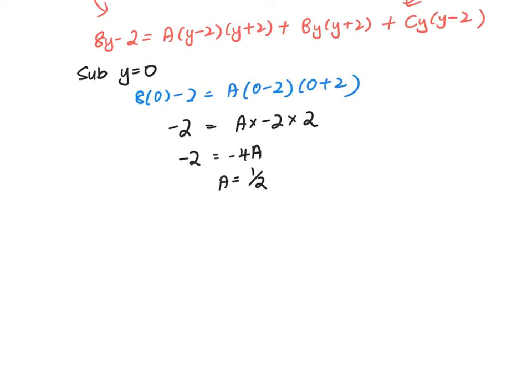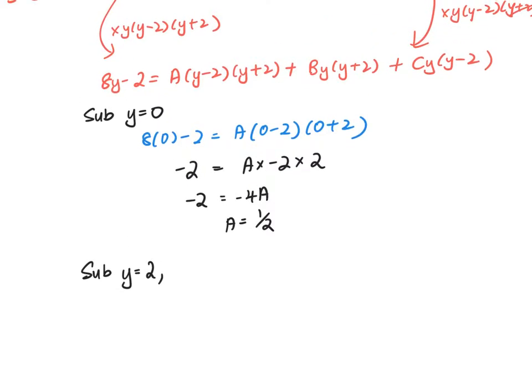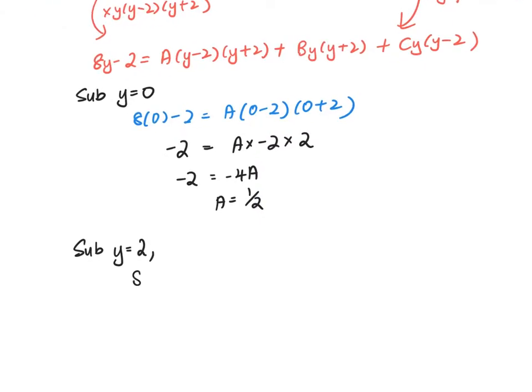Now similarly, to find B and C, remember when we substitute values, we try to substitute values that make the terms disappear. So I'm going to substitute y = 2. You can see that A will disappear, C will disappear, and I'm left with B. So 8(2) - 2 = B multiplied by 2 multiplied by 4.